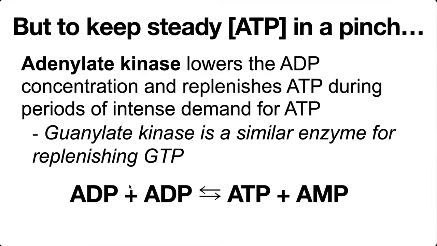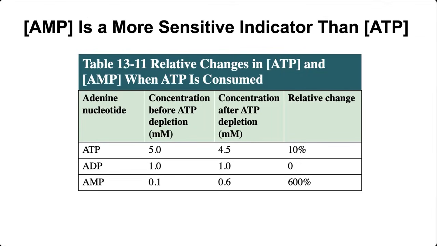Note here that when we are doing this, we are making more ATP, but at the same time, we're also making AMP. And relatively speaking, we're increasing the AMP by a much higher percentage than we're decreasing the ATP. For example, if we were starting with 5 millimolar of ATP and we use 0.5 millimolar of it, that would be a 10% change in our ATP levels.